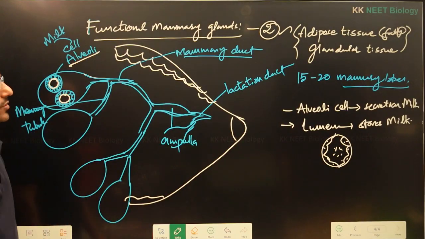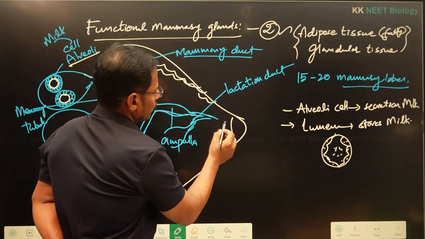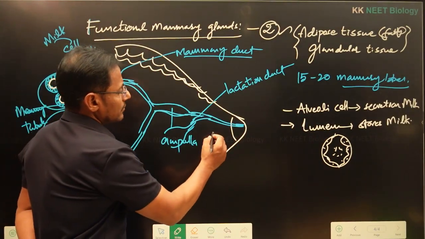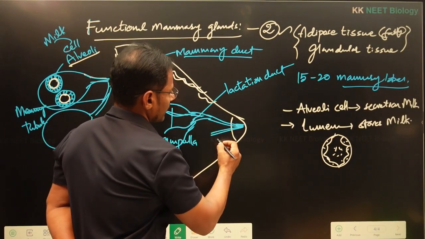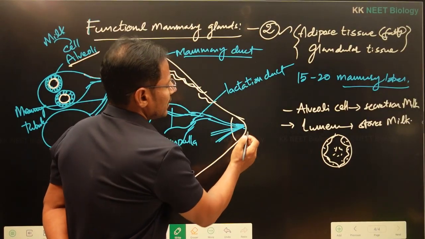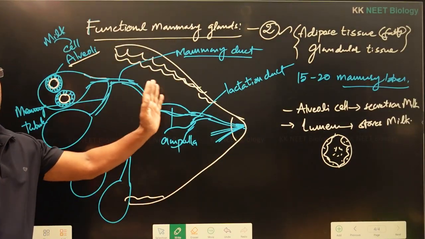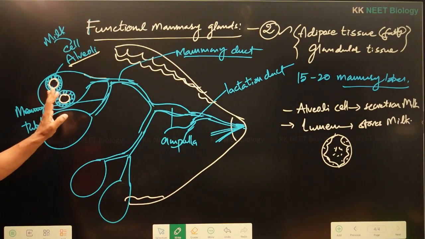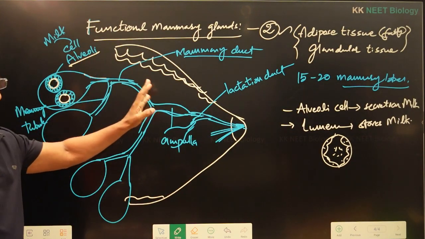This is the lactation duct. This lactation duct opens into the nipple. Like this, a number of lactation ducts open into the nipple, and from there the milk is ejected out. You should remember the sequence of these ducts.